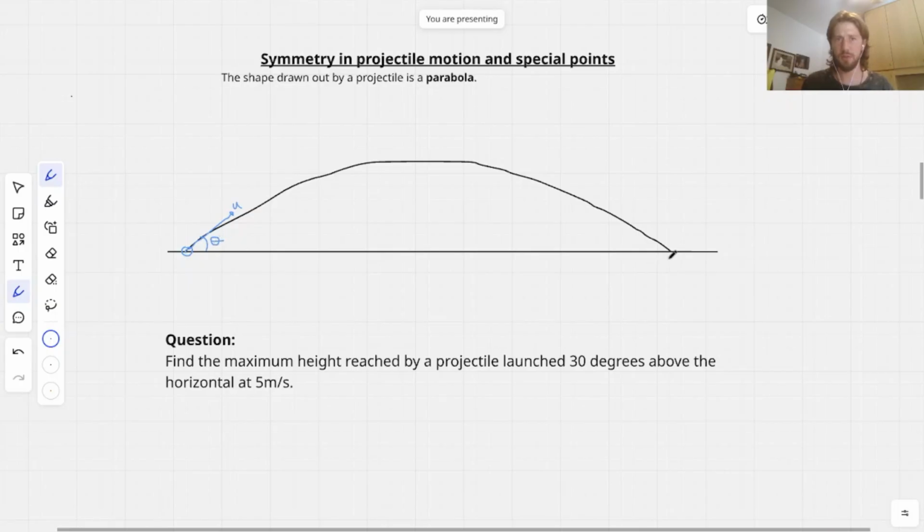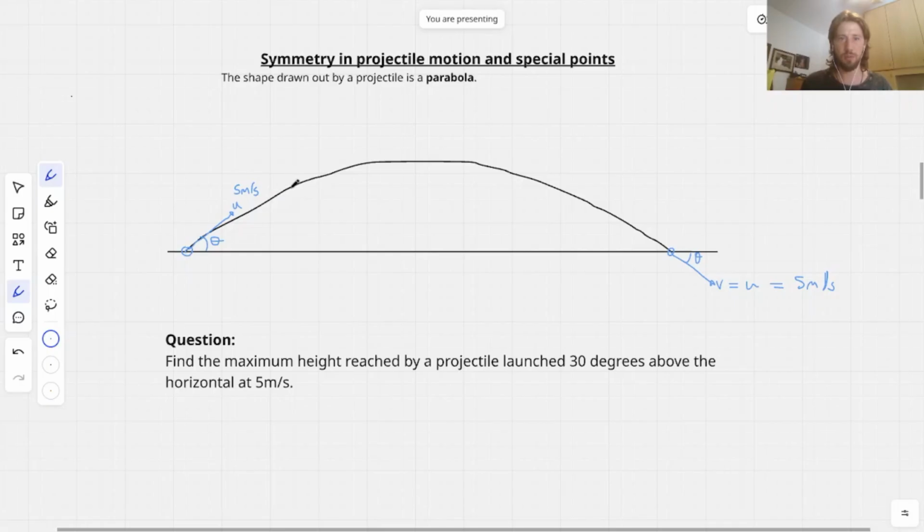Then at the end over here, the final speed, v, will equal u, the initial speed. That means if we shoot it off at 5 meters per second this way, then when it lands on the ground, it will hit at 5 meters per second again. This is ignoring air resistance, but this is a symmetry that you can use. Of course, the angle will also be the same.